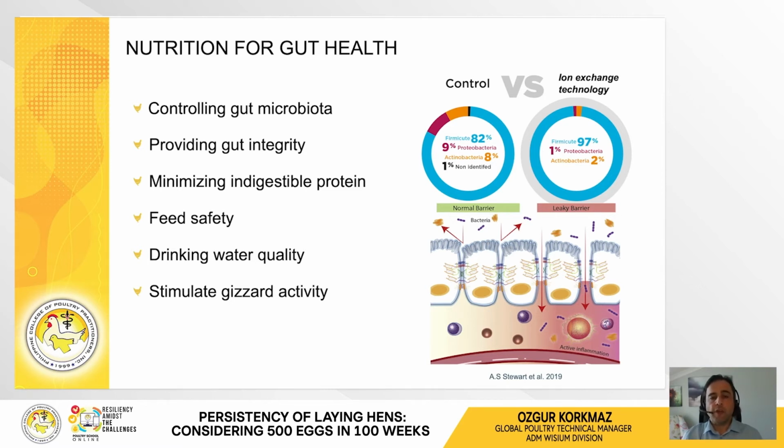Consequently, we can have higher performance during the production period. Feed safety is important, and drinking water quality should be controlled. Also, if we can stimulate gizzard activity, especially, as I told you, between 9 to 16 weeks of age, with our nutritional solution, we can maximize the number of eggs during the production period.